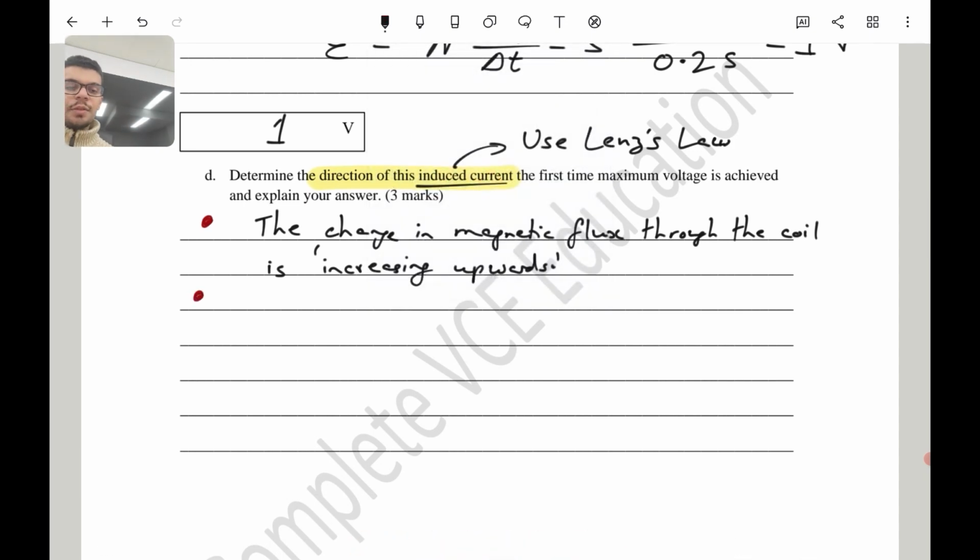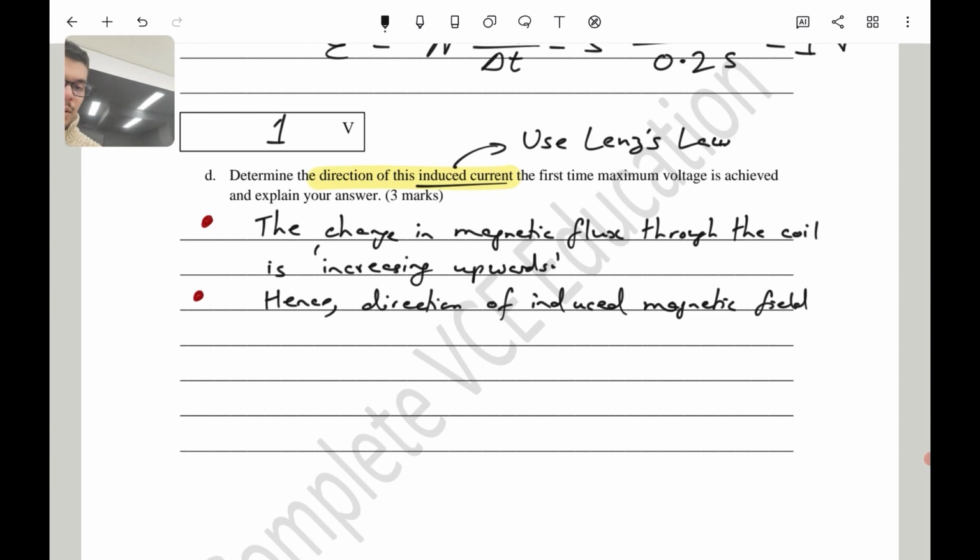So since the change in flux is upwards, hence the direction of the induced magnetic field is downwards according to Lenz's law. Even if you don't give the full definition of Lenz's law, it's still good to mention the law itself.